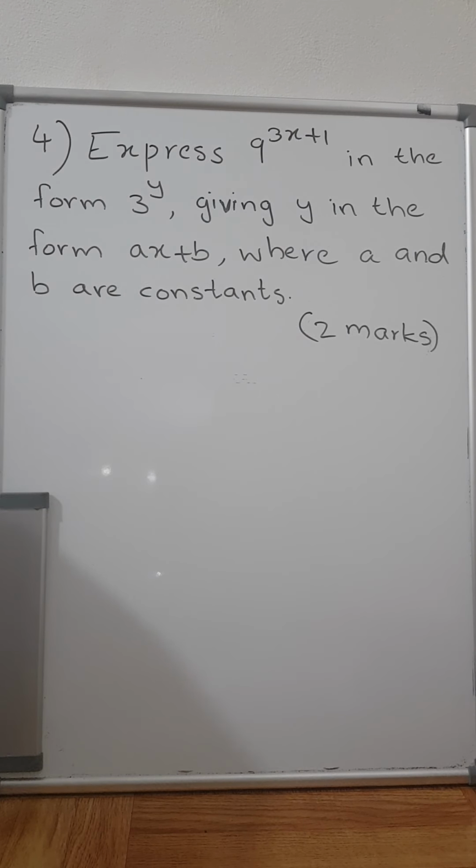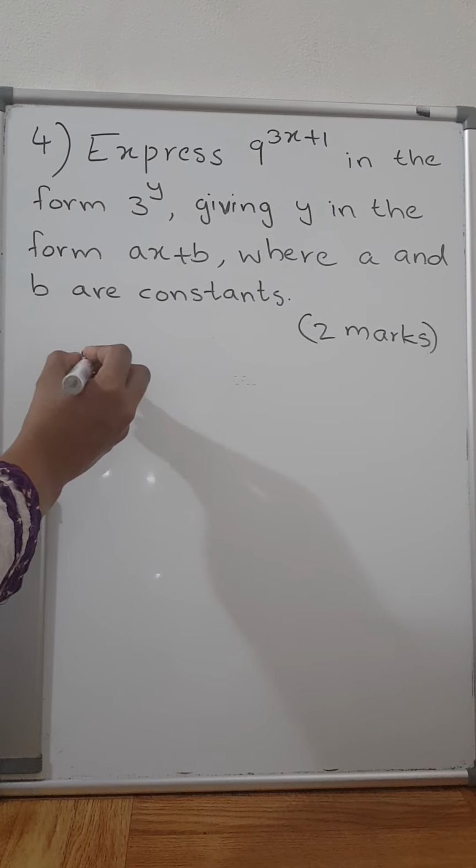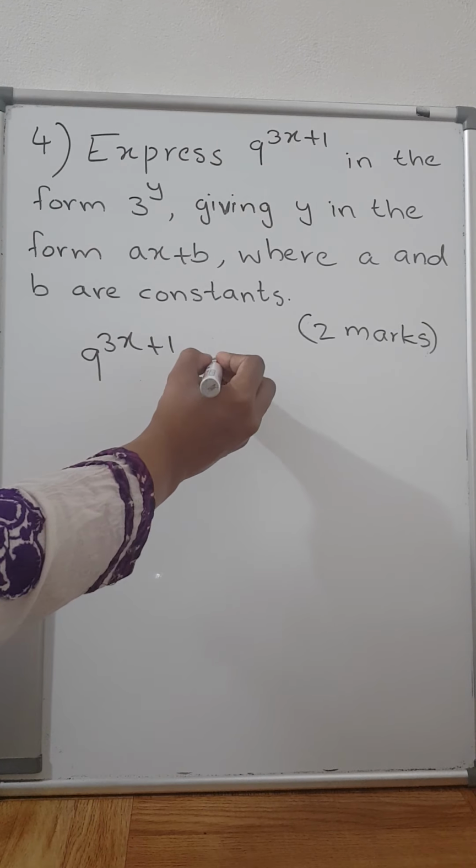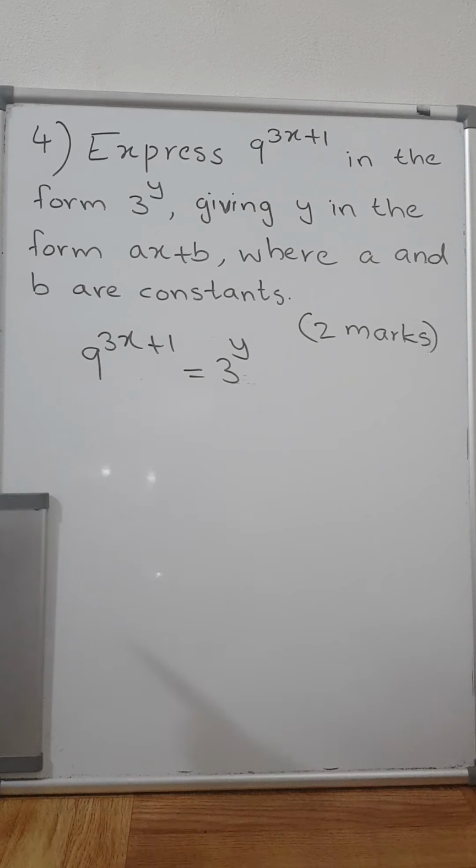The fourth question, express 9 to the power 3x plus 1 in the form 3 to the power y, giving y in the form ax plus b, where a and b are constants. So 9 to the power 3x plus 1, we have to express in the form 3 to the power y.